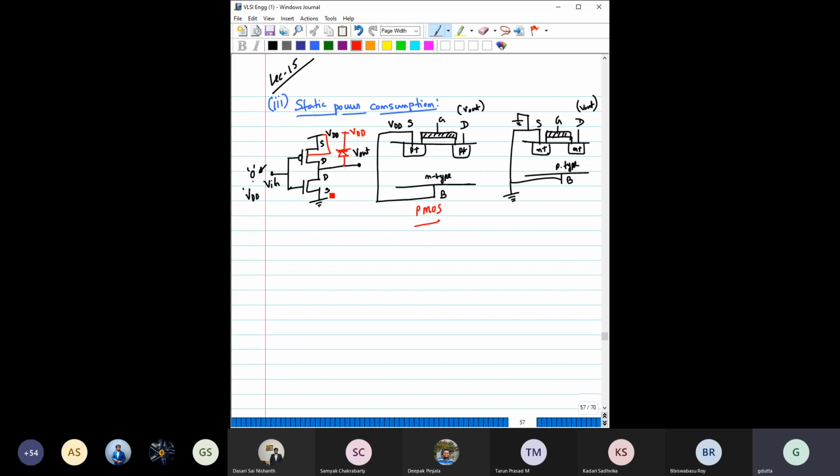Similarly, for the NMOS, the body terminal is also connected to the source, which is ground. So it is N type and always grounded, and simultaneously the P is shorted with this, so P is also grounded. It is always at zero potential. Now think about a case where this drain terminal, which is N plus, is connected to some positive voltage, or V out is some higher voltage than 0.